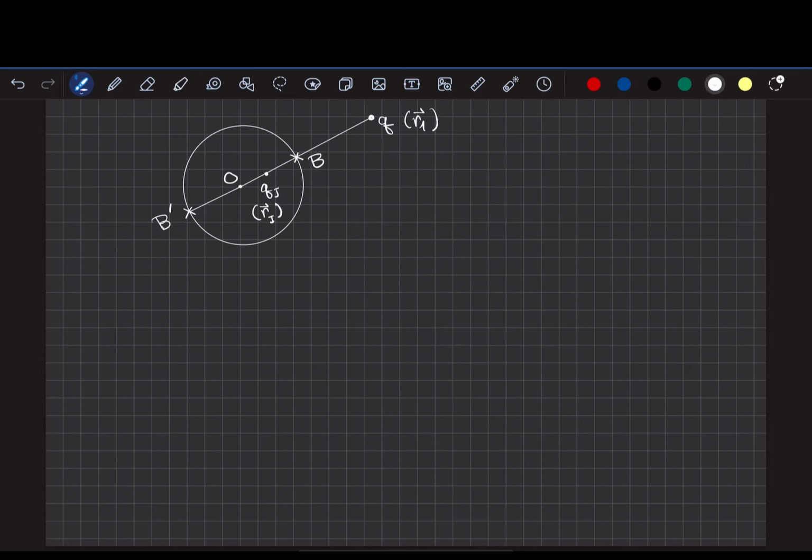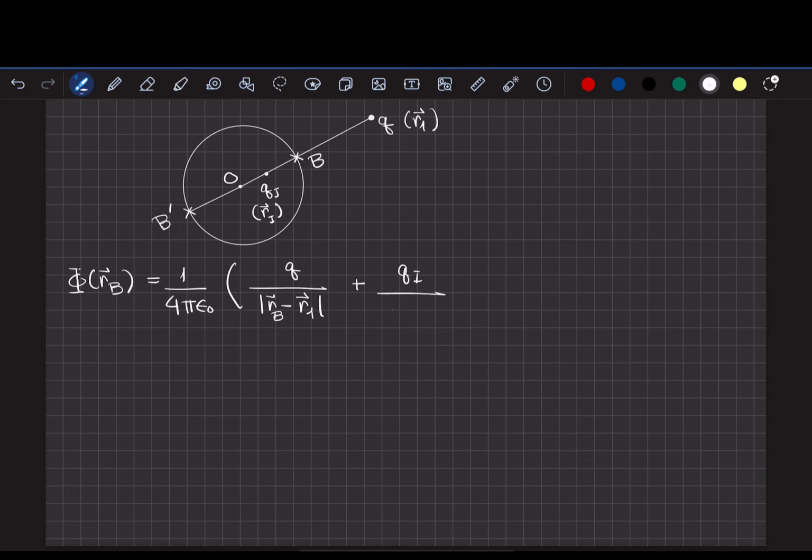So now what we are going to do is we will write this equation again. So we have the potential at Rb. We can write this as the potential due to the two point charges. So we have Q divided by R minus Rb minus R1, and we have Qi by Rb minus Ri.